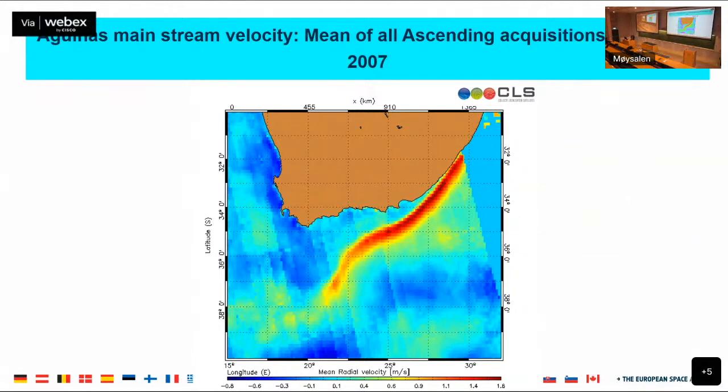This is an example of this, and it has a resolution which is much better than what you get from the gravity mission, GOCE, and the geoid estimation of that mission. So it can allow us to go from a 100-kilometer resolution gradually towards finer than 50-kilometer resolutions in mean dynamic topography.